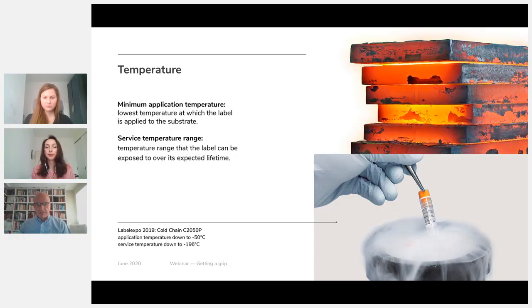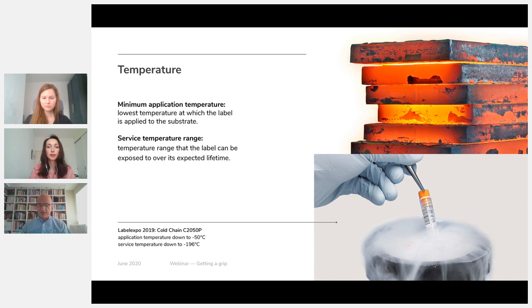The second item I will discuss in detail is the temperature. Again, this is a very important criterion to select, and we could also see that from the feedback in the polls. For adhesives, we basically consider two temperatures to be of importance. One is the minimum application temperature.